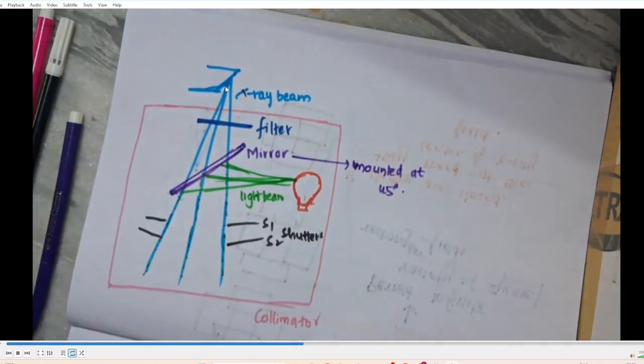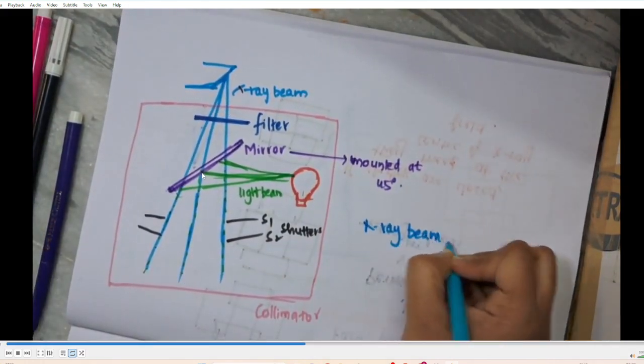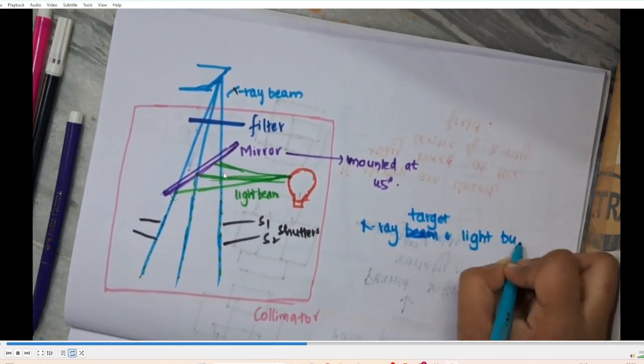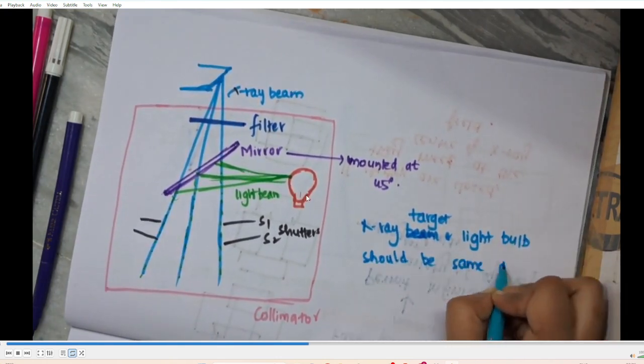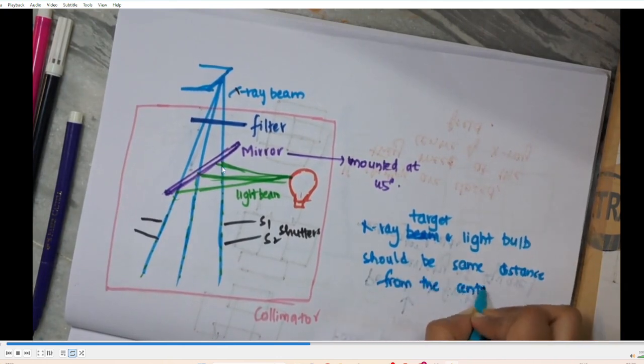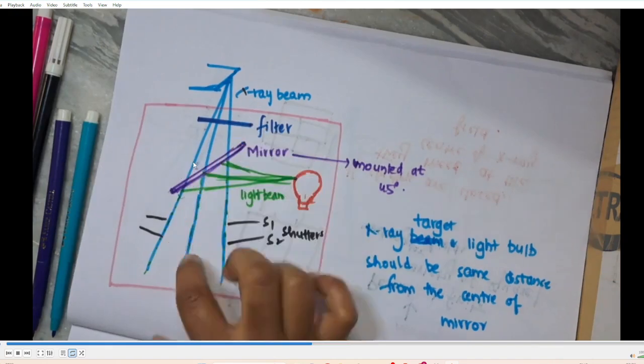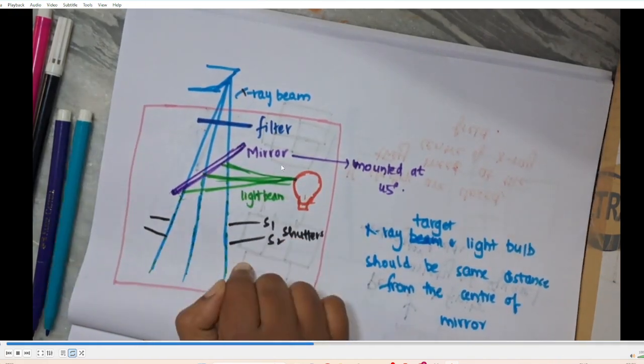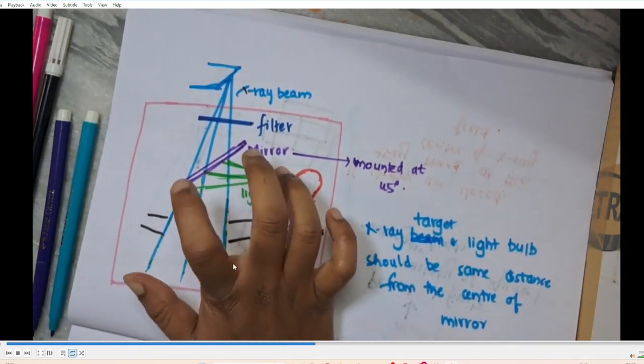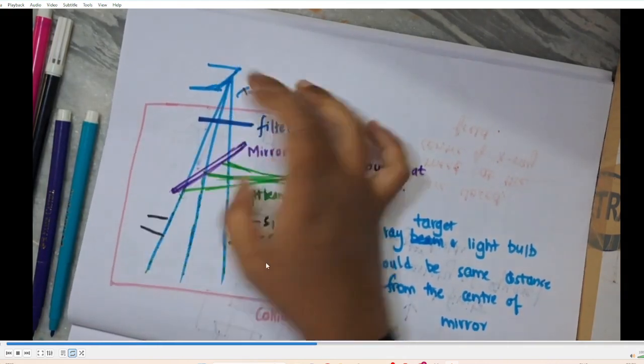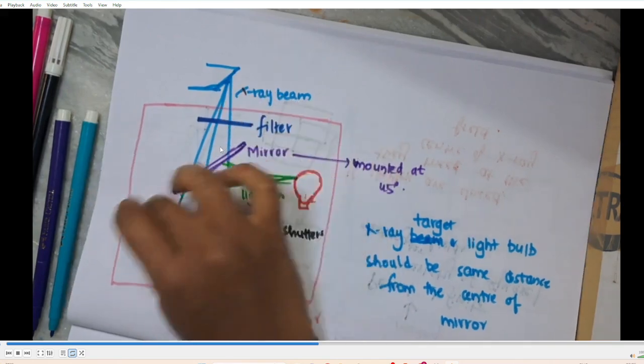The X-ray target and the light bulb should be exactly the same distance from the center of the mirror. As the light beam passes through the second shutter opening, it is collimated to coincide with the X-ray beam.